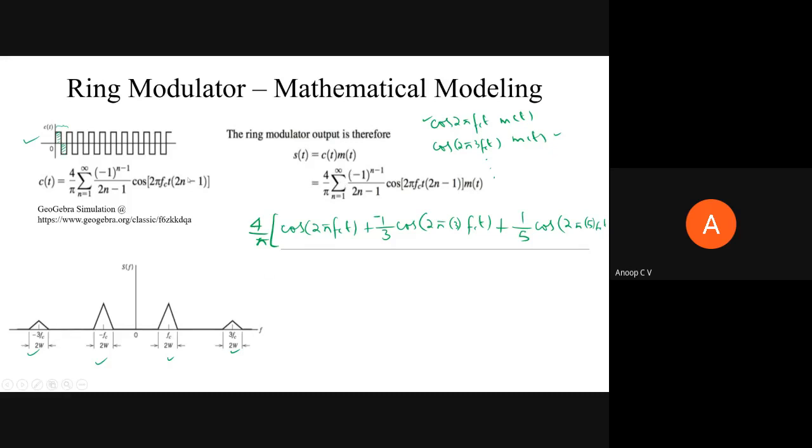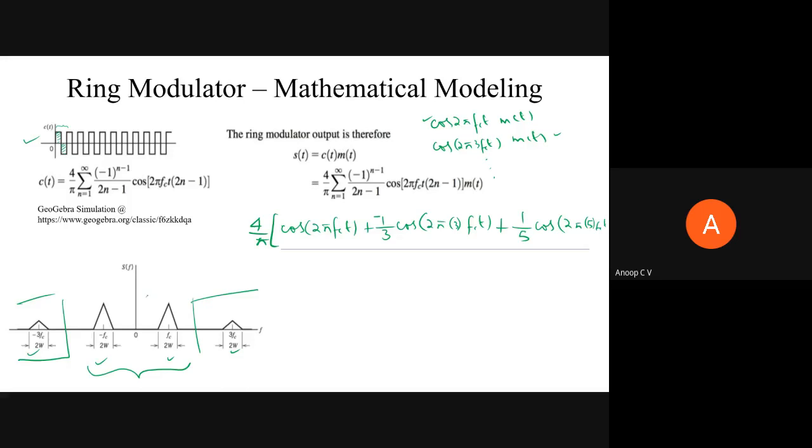But what we need is the DSB-SC signal. It is only this much, right? What we need is only this much, so we don't want whatever is beyond this. How can we obtain only this part, say from fc plus w to minus fc minus w? How can we obtain this?